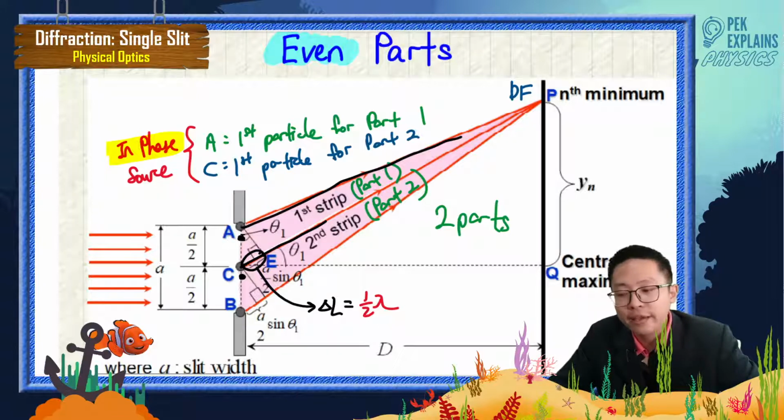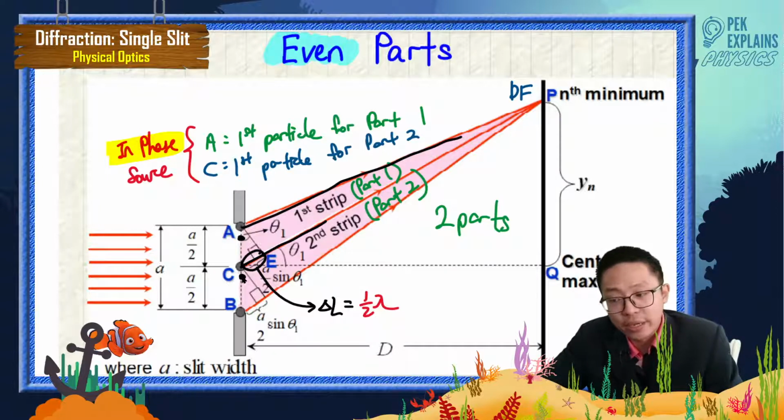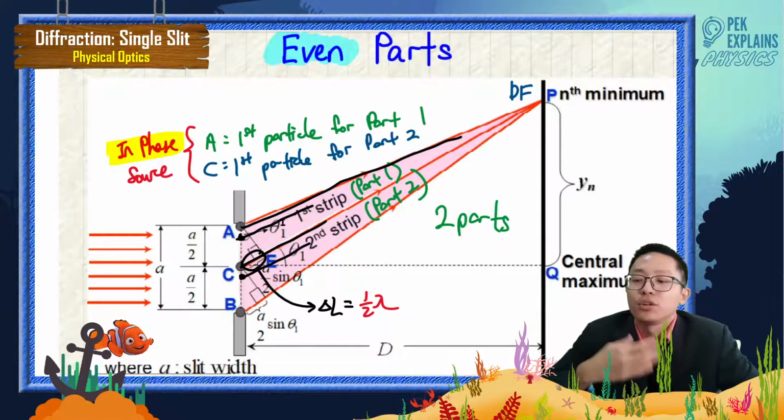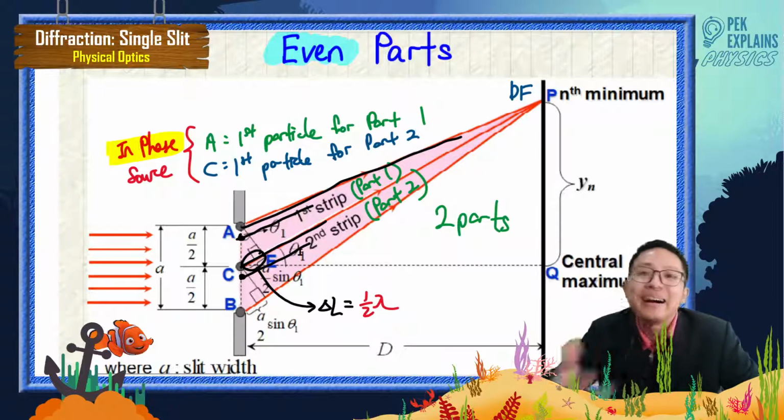So the delta L for the second particle and the second particle should be the same, half lambda also, isn't it? This second particle also produces its own wave, and this second particle also produces its own wave. Since the first particle and first particle delta L is half lambda, the second particle and the second particle delta L is also half lambda.